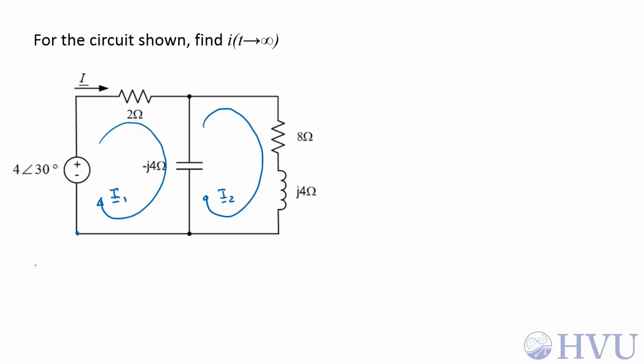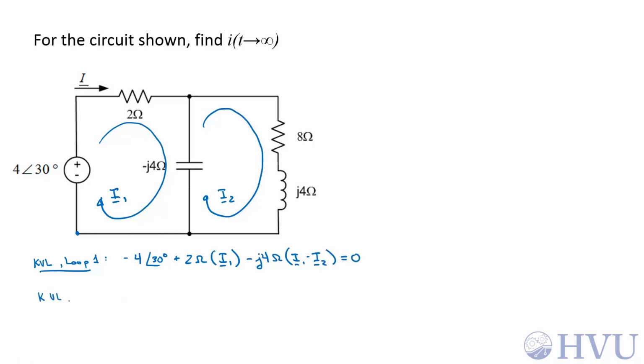So starting down here, KVL around loop 1, following I1, I have minus 4 at an angle of 30 degrees plus 2 ohms times its current as a phasor, I1, plus a negative j4 ohms times I1 minus I2. That brings me back to my starting point, so that's 0.